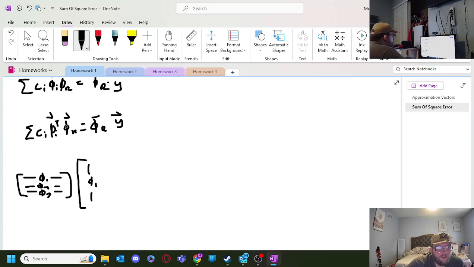Keep in mind, our k is going to repeat for all of our different indexes.